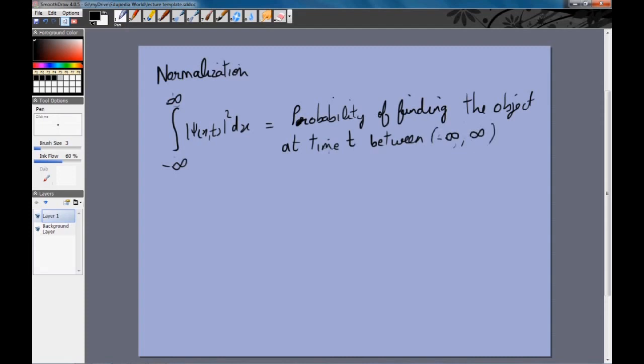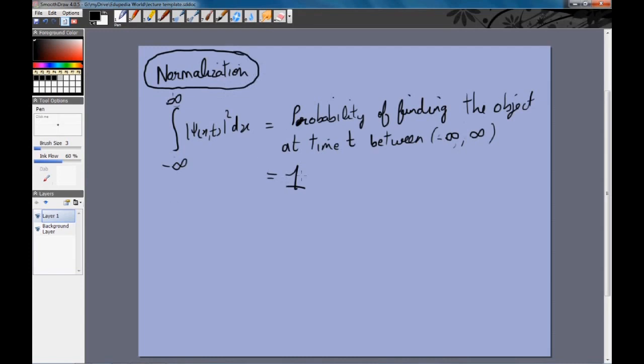But this has to be equal to 1 because the particle obviously will be somewhere between minus infinity and infinity. So there is a restriction on wave functions, which is why initially when I wrote a random wave function, I said this is not a real wave function, because a real proper wave function will always have to be normalized. That means the integral from minus infinity to infinity will always have to be 1.